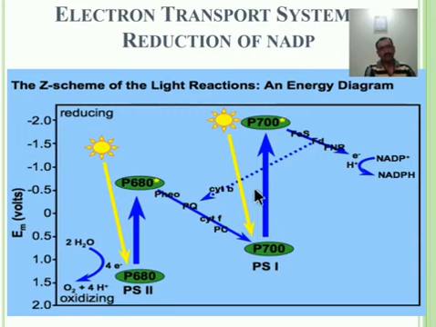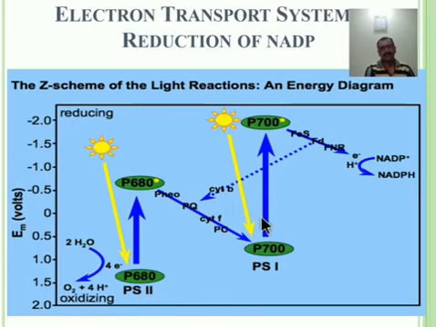They form a bridge-like structure between pigment system second and the NADPH. So it is known as the downhill bridge. The electron flow follows a Z-shaped path. Let us see, this is the inverted Z-shaped path, starting from here to here to here.